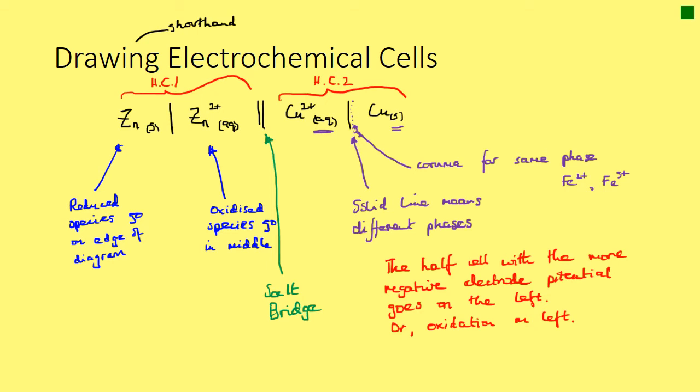And the first rule is that the reduced species go on the left, at the edge of the cell diagram, that is. So the reduced species go on the edge of the diagram. That's our first rule. And then the oxidized species go in the middle.